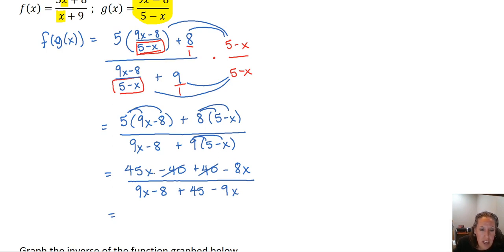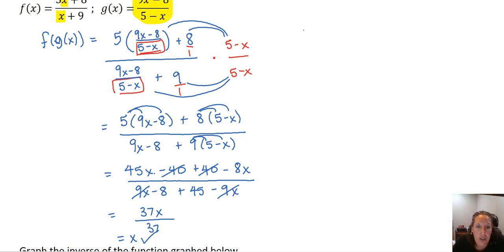So 45x minus 8x is going to be 37x. And then in the denominator, we've got 9x and negative 9x that are going to add to 0. And so we get negative 8 plus 45 is 37. So we do get those 37s to cancel out, and we get it equal to x.